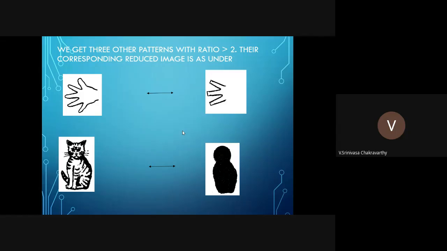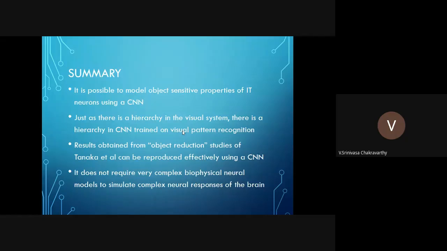So the point of this exercise is, even such an involved experiment, what was done with cats' object recognition properties, can be simulated using a simple CNN, provided you probe the neurons in the right way.